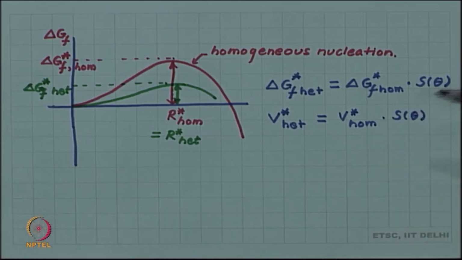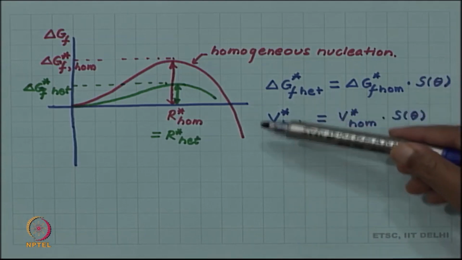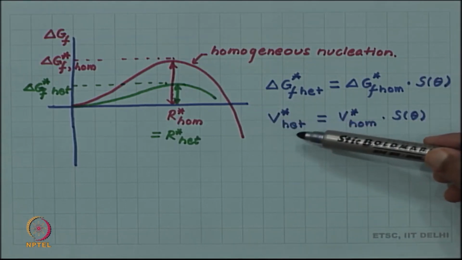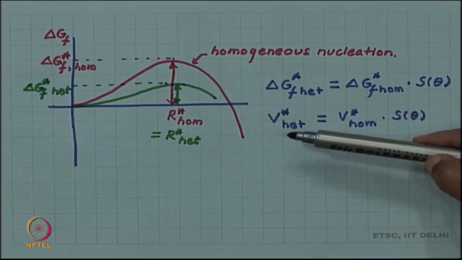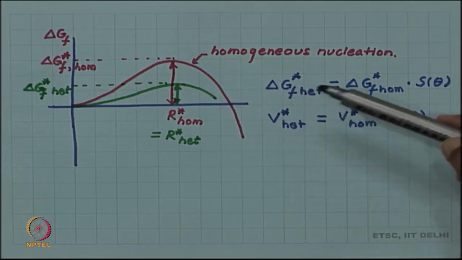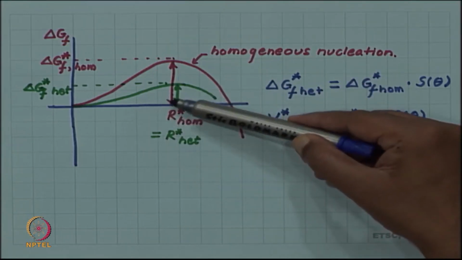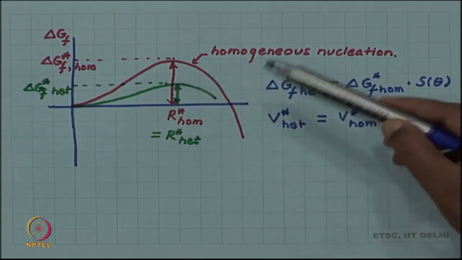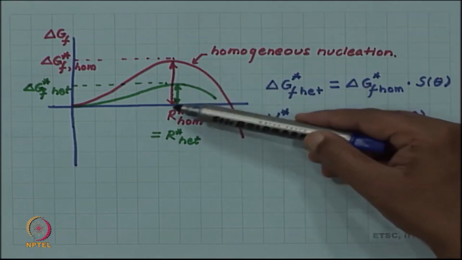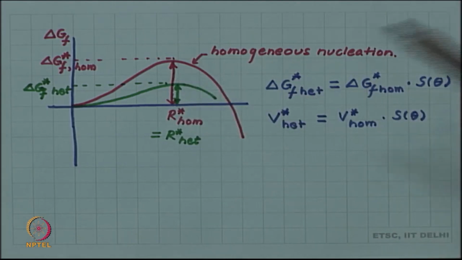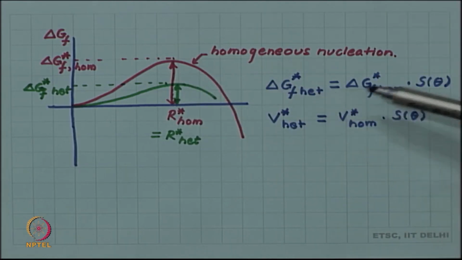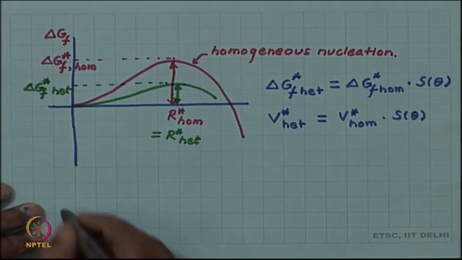So, smaller is the contact angle, smaller is S theta, and smaller is the volume of the heterogeneous nucleus. So, you have to assemble a lesser number of atoms to form the heterogeneous nucleus. Similarly, the energy barrier for nucleation, that extra energy which is required for nucleation, is also less for the heterogeneous nucleus by the same factor. So, both these facts aid heterogeneous nucleation.